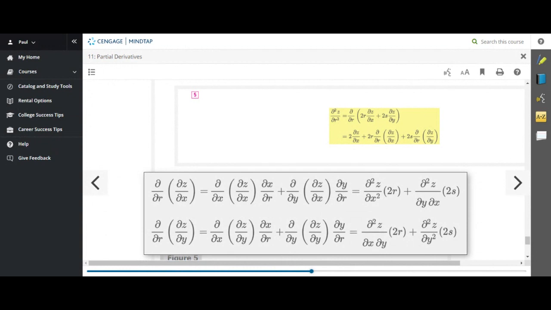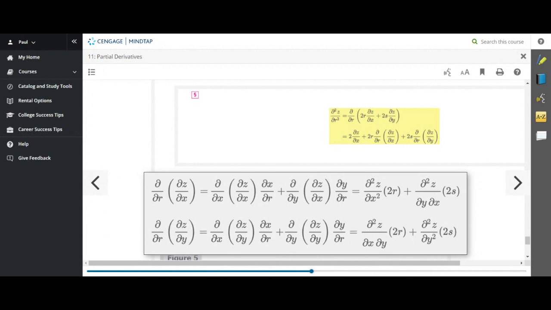So what they're doing there is a chain rule based on flowcharts for the partial derivatives of z with respect to x and y.